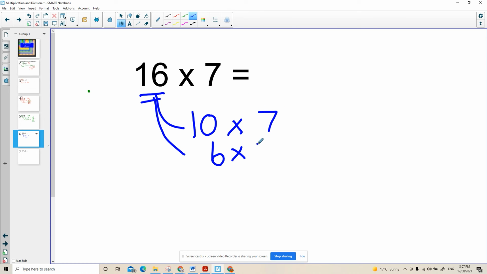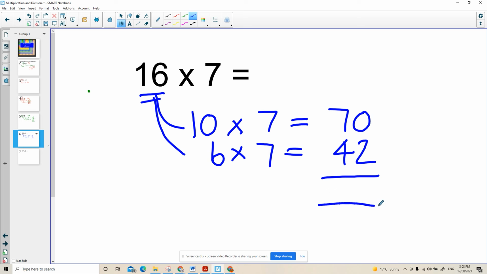So I'm just going to quickly put the 7 down before I start any multiplication. Again, 10 times 7 is 70. 6 7s are 42. I don't even have to look at a times table chart because I know my times tables. So now I'm going to add these together.